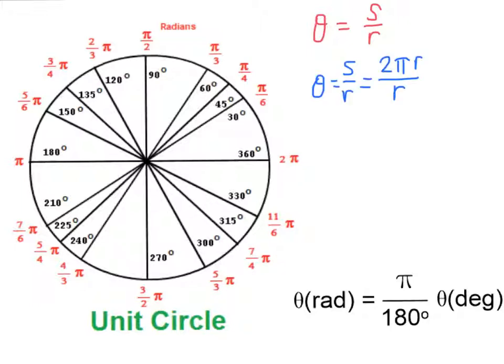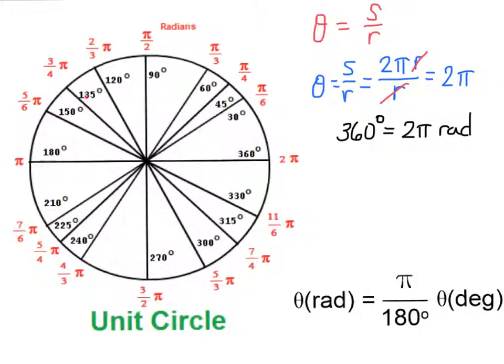We can substitute that 2 pi r into our arc length, and we can then cancel out the two variables of r. So we can see that 360 degrees is equal to 2 pi radians. And remember, radians, even though this is a pure unitless number, that's what radians are.